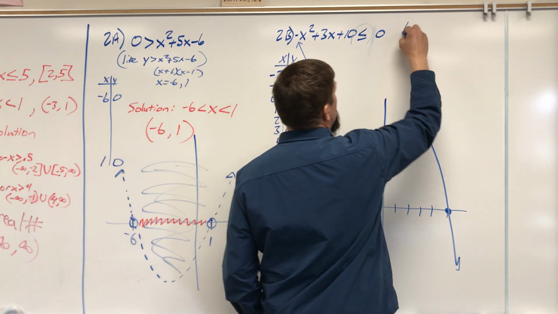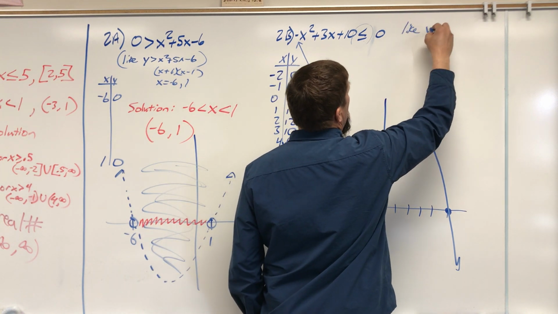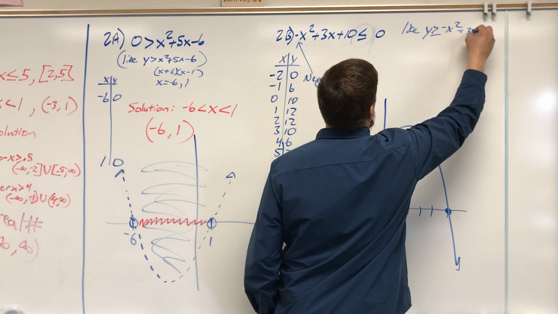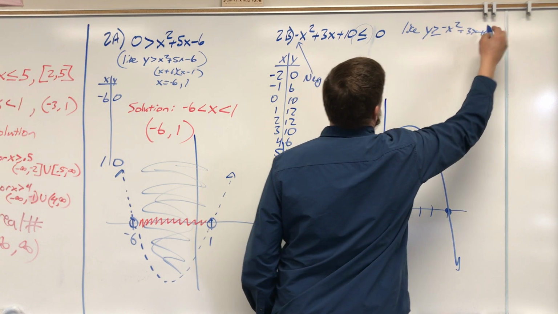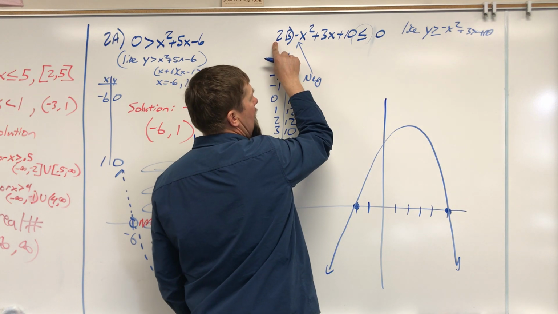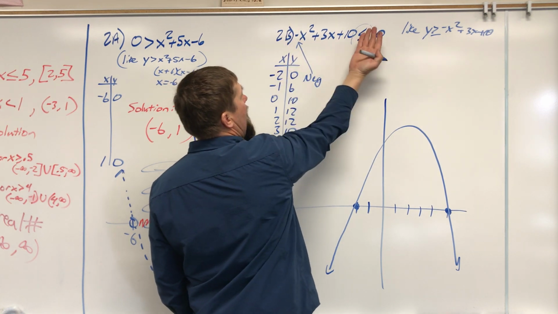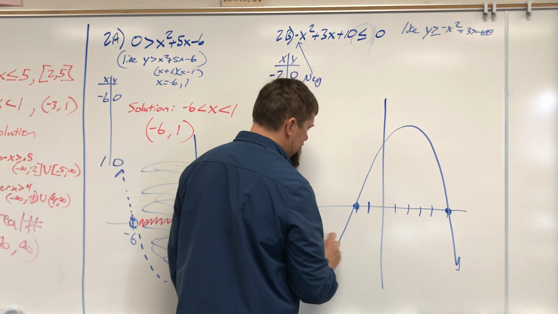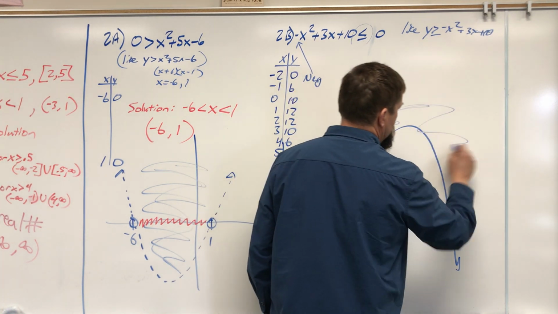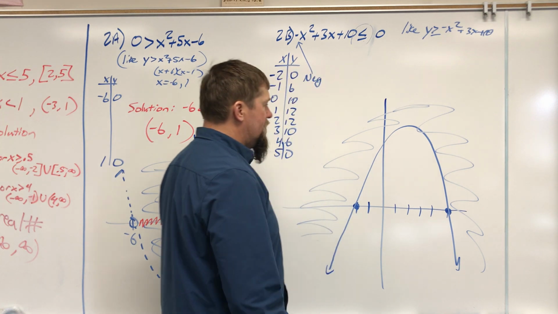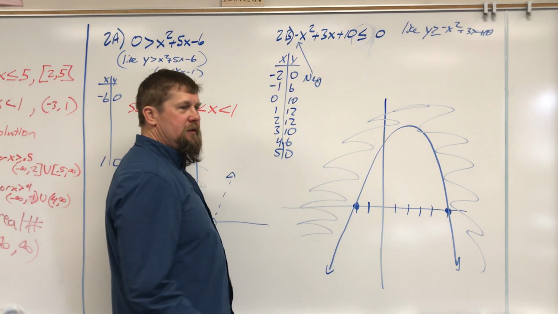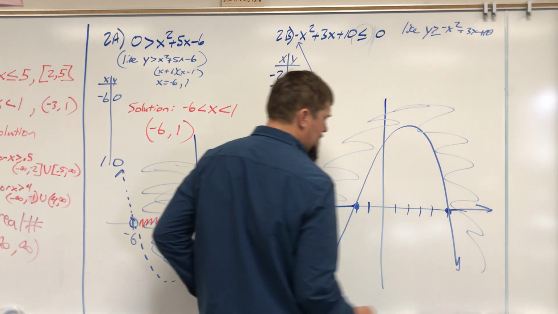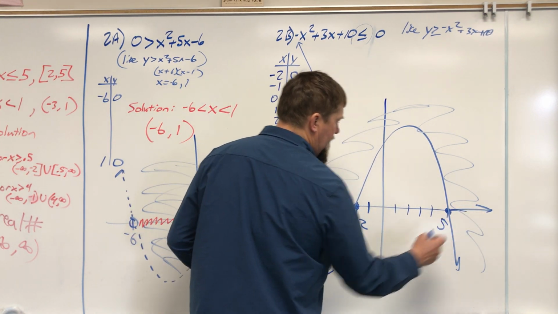So this is like y is greater than negative x squared plus 3x plus 10, because if I move the 0 to the left side, I have to flip that sign over, so it's greater than, which is on the outside. What does that tell me about my solutions? It tells me my solutions are everything to the outside of negative 2 and 5.